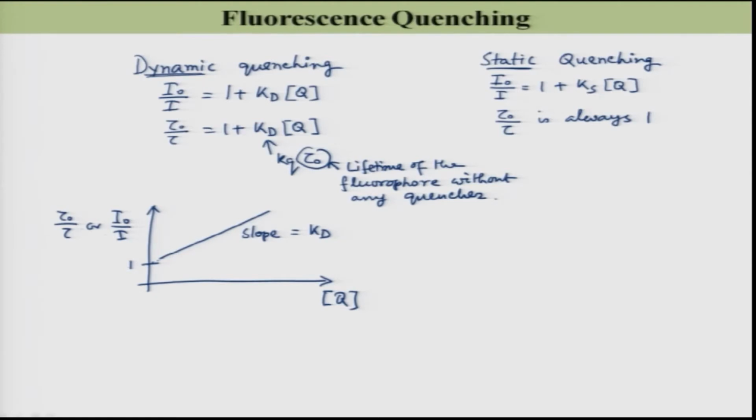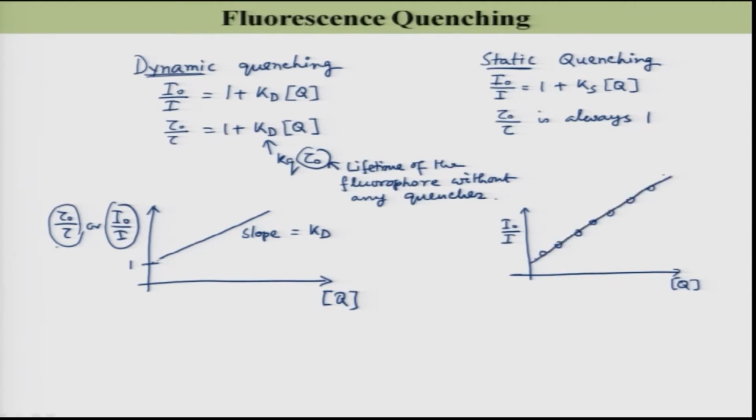This is for both tau 0 by tau and I0 by I. However, in the case of static quenching, if I plot I0 by I, I will get a line like this, with slope equal to Ks.